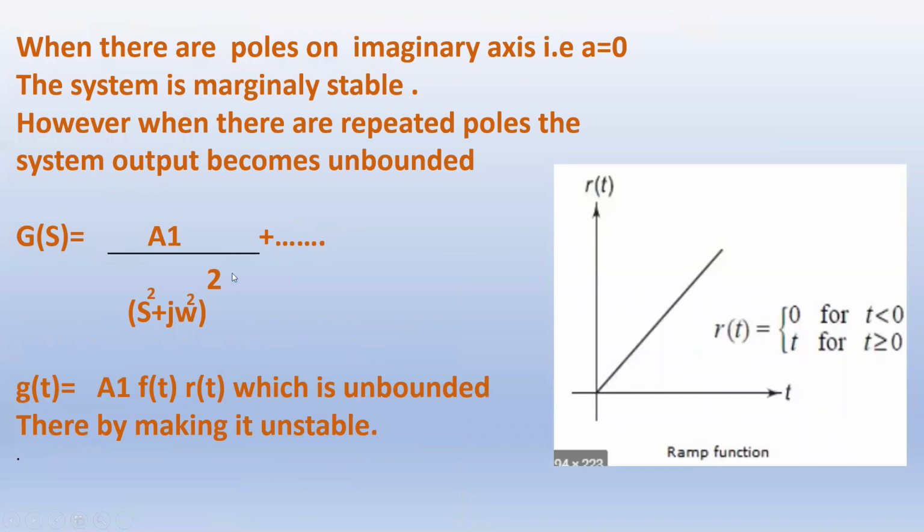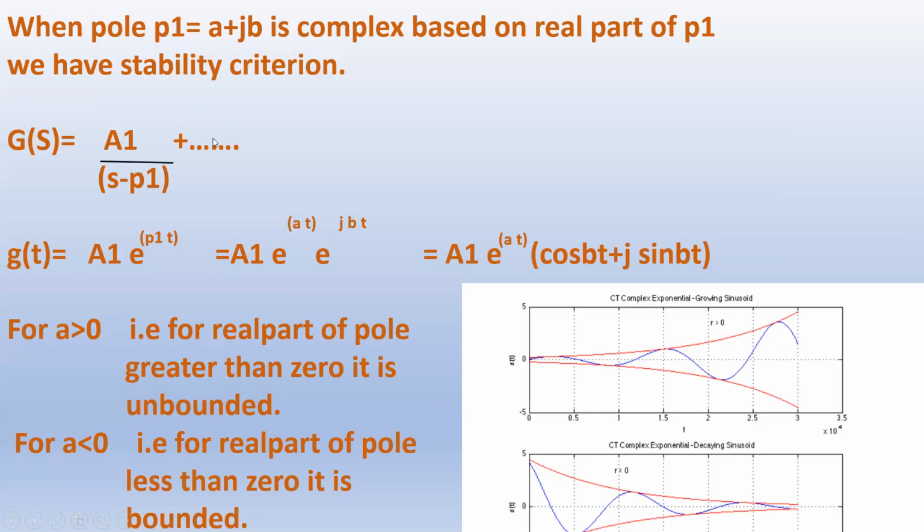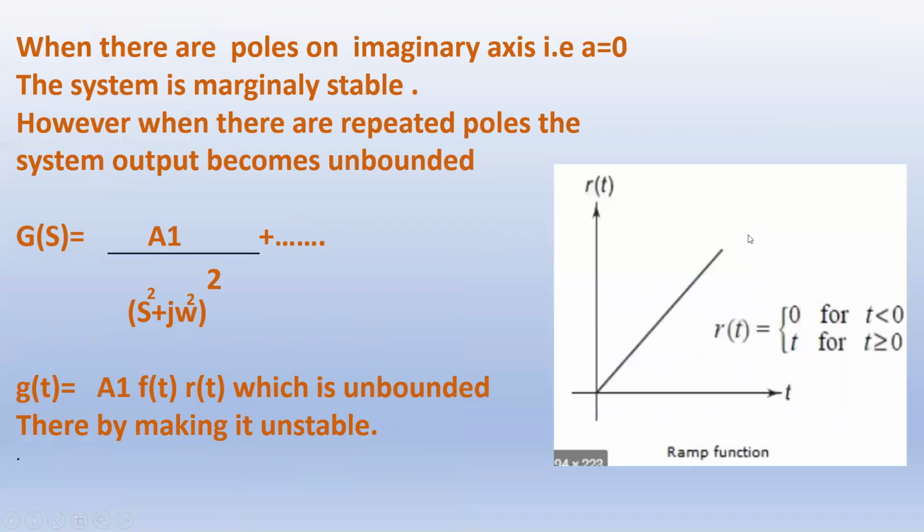If there are poles on the imaginary axis, then the system is marginally stable. Consider an S plane: poles on the left half of the S plane make the system stable, and the right half of the S plane is the unstable region. In between, we have the marginally stable region, the imaginary axis.